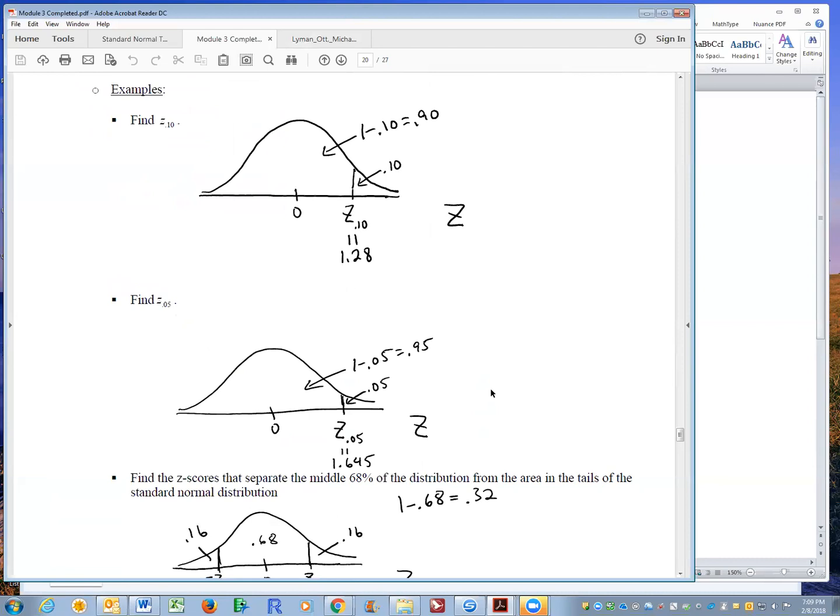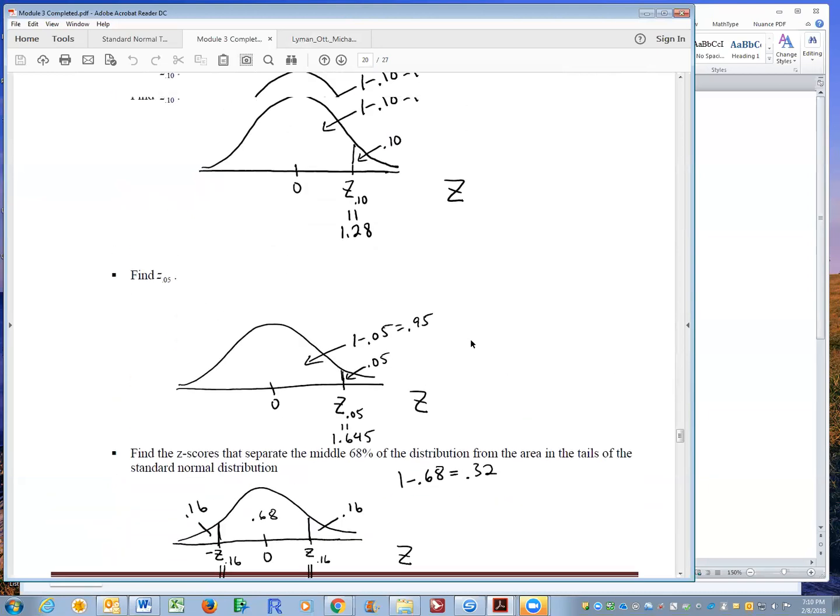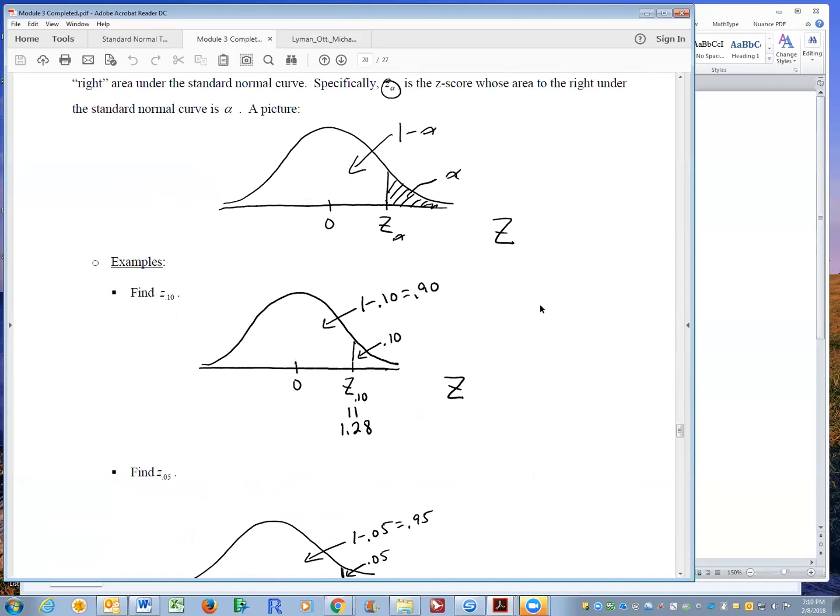Dr. Riggs? Yes. I just had, in the homework and trying to do the stuff on page 20 with the Z subscript alpha, I was having trouble using the chart.